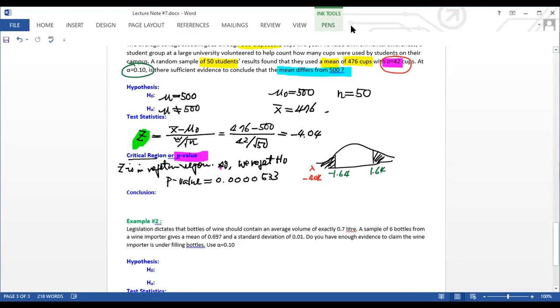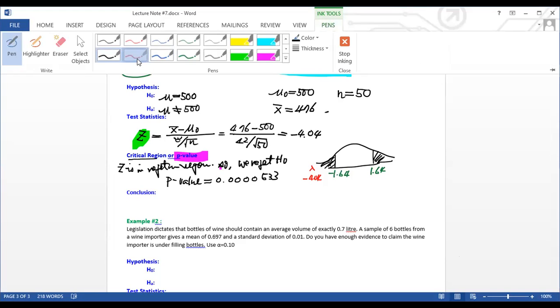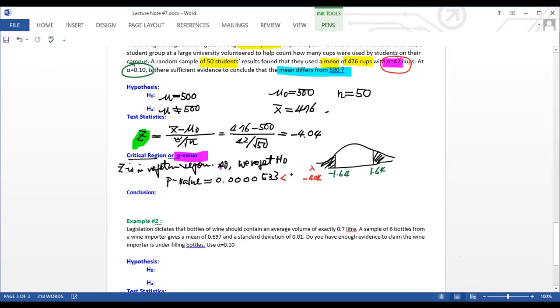Wow, this is a lot less than my alpha of 0.1. So do you have the same conclusion? Yes. What is the conclusion? Reject H0, right? So reject H0, that's good.